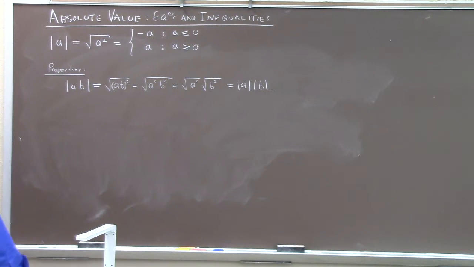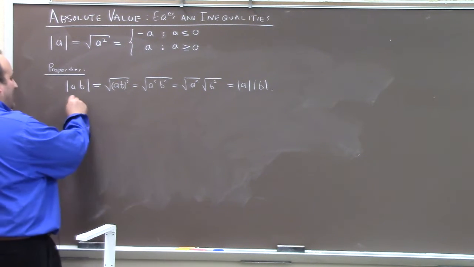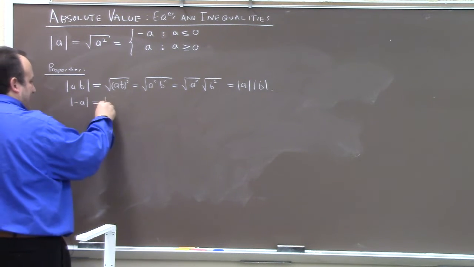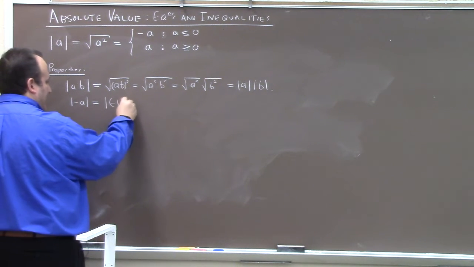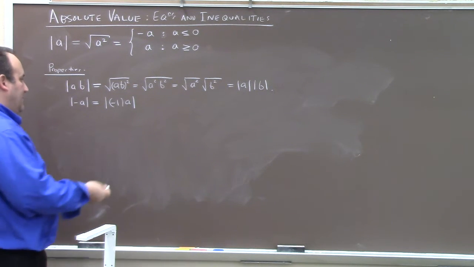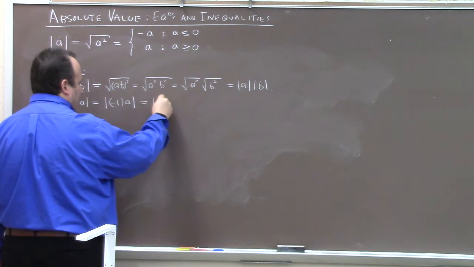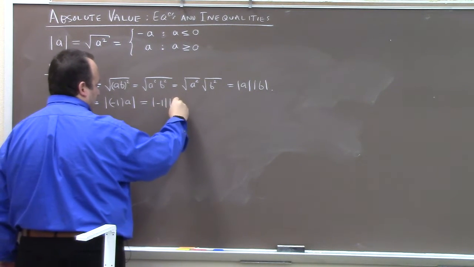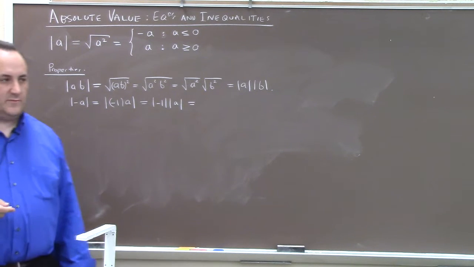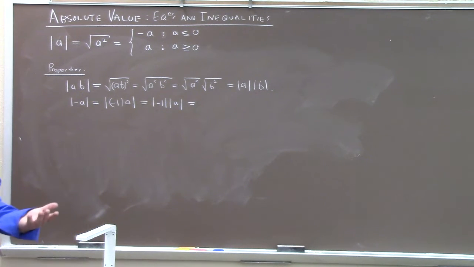Okay, so what about the absolute value of minus a? What happens there? Well, we could write that's the absolute value of minus 1 times a, right? Minus a means minus 1 times a, agree? And so that's the absolute value of minus 1 times the absolute value of a. What's the absolute value of minus 1? Well, the absolute value of minus 1 is 1, right?